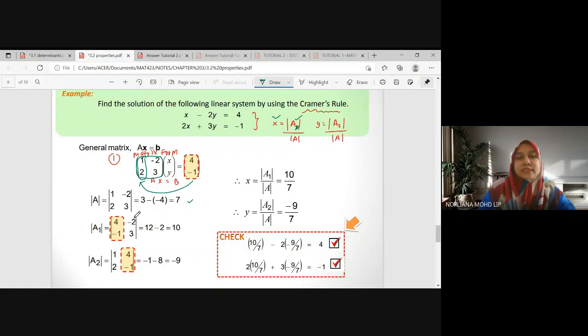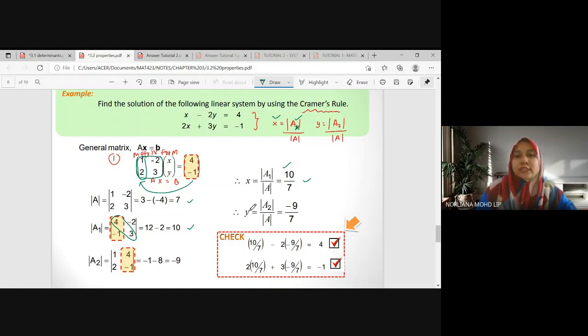The second column remains the same, negative 2, 3. Okay, and then we find the determinant of A1. 12 minus 2 is equal to 10. Therefore, the variable X can be obtained by applying this formula, Cramer's rule. So the determinant of A1 is 10 over the determinant of A, 10 over 7. So X equals 10 over 7.